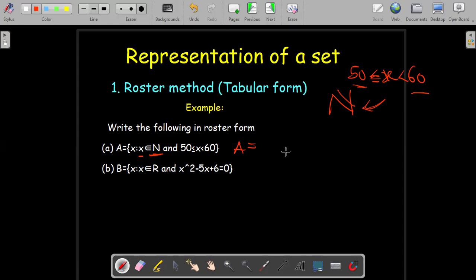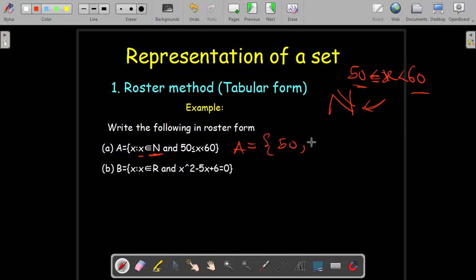So if we're to list the natural numbers, which are just numbers that we use for counting, starting from one going all the way up to infinity, then this is going to comprise the listing that is 50, because we have less than or equal to on that part.